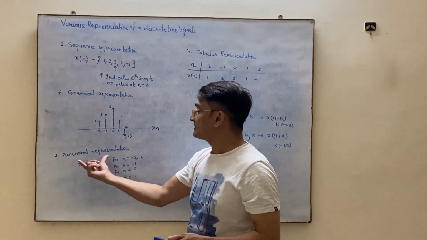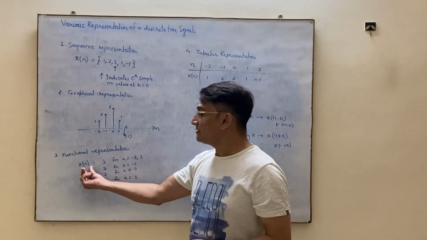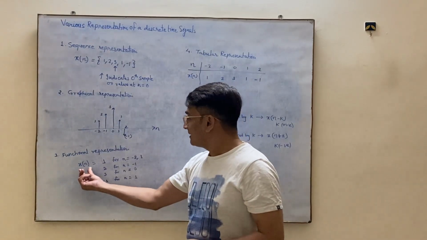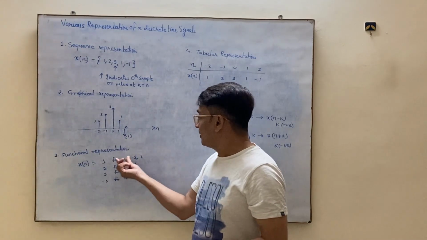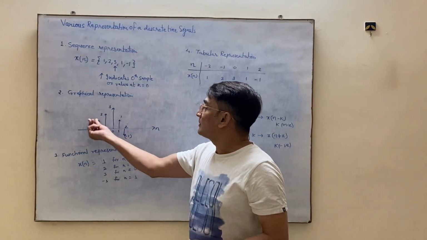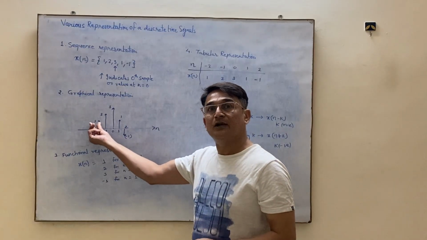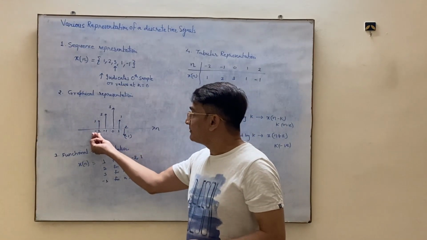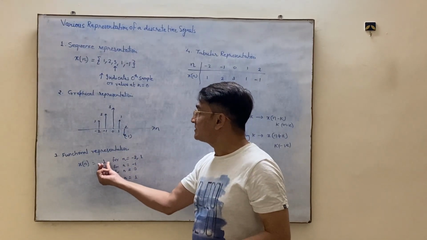The third type of representation is functional representation. It can be written such that x of n is equal to 1 for n equal to 1 and n equal to 2... sorry, for n equal to minus 2 and n equal to 1.